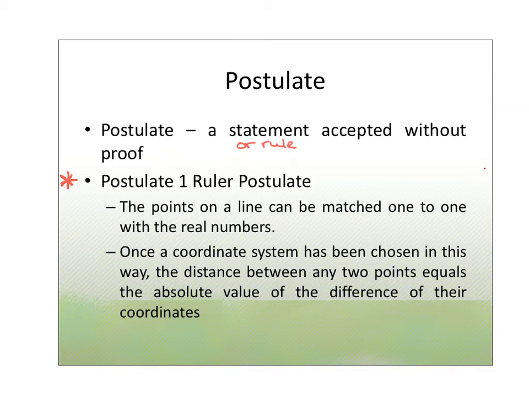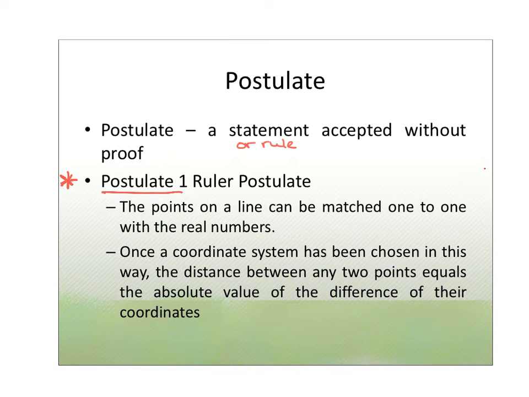So our first postulate, postulate number 1, is called the ruler postulate. Now, throughout the course, all of our theorems and postulates are going to have numbers. We're not concerned about memorizing the numbers. All I want you to do is memorize what those theorems or postulates state. Because postulate number 1 in a different textbook could really be postulate number 2.